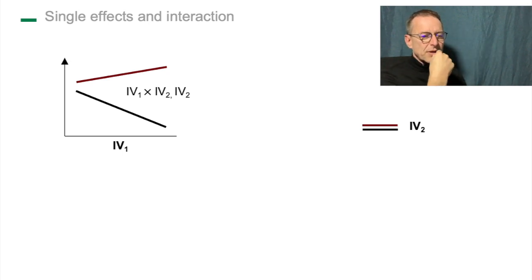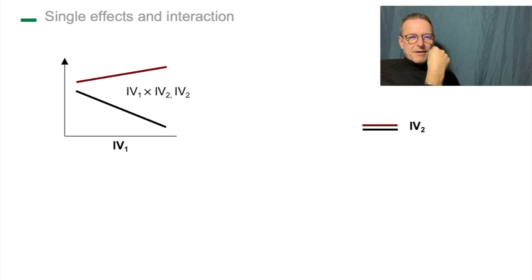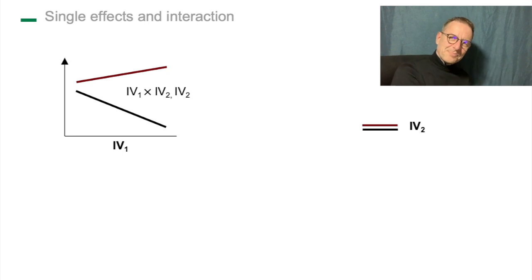So, for instance, with the example in the top left corner, here is an interactive effect. You really can see that there is an interaction between independent variable 1 and independent variable 2, but there is also an effect of variable 2. Yeah, the red one is higher than the black one, right?